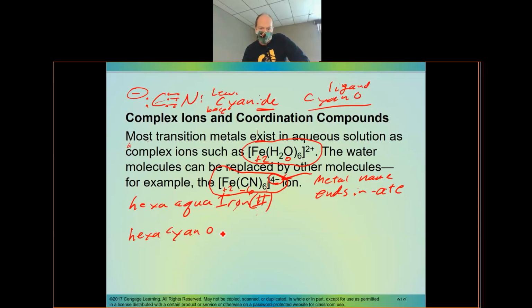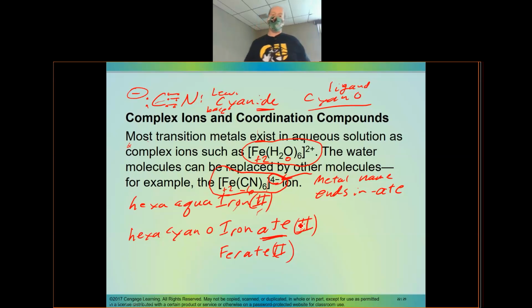Ironate is acceptable. It is not correct, but the key is I need you to know it has to end in -ate. Ironate(II), but it is actually ferrate. So ironate or ferrate(II) is the name of that. Hexacyanoironate or hexacyanoferrate(II). Always the oxidation state of the metal has to be given in the name with Roman numerals.